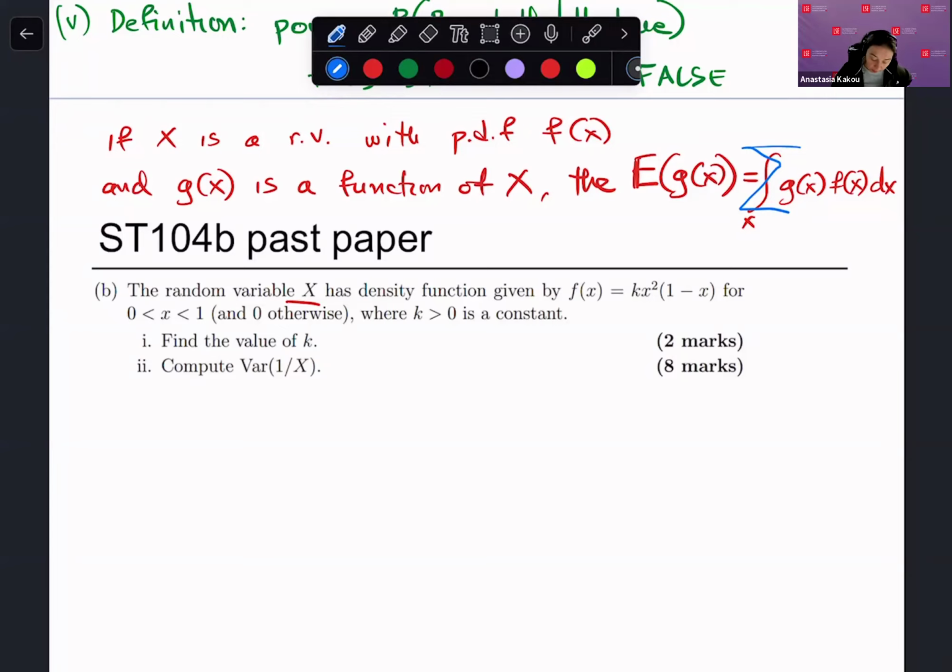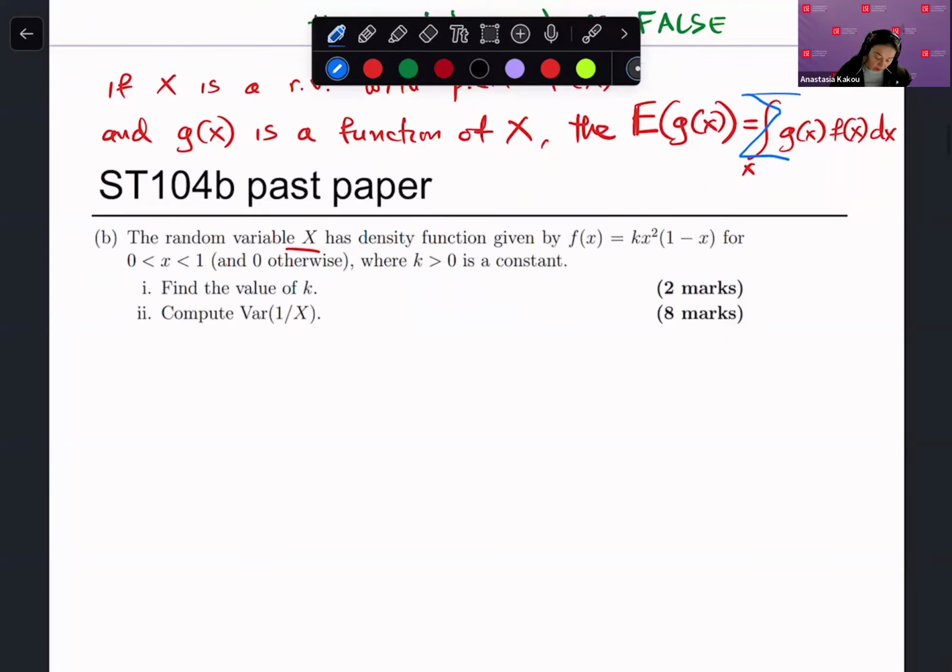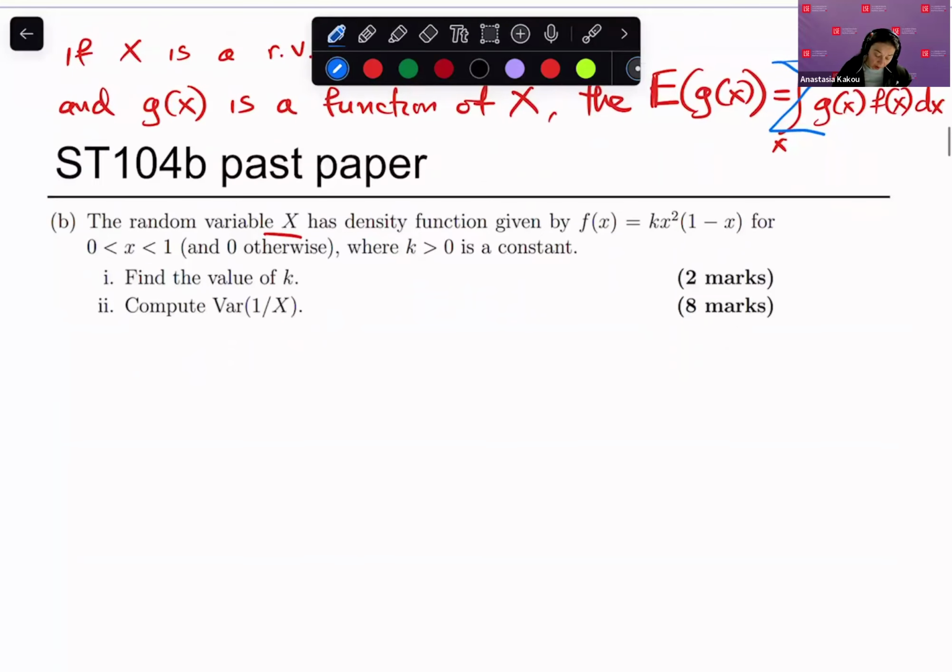Okay, so here in this second part, we have a continuous random variable x with this density function, and we need to find the value of k.